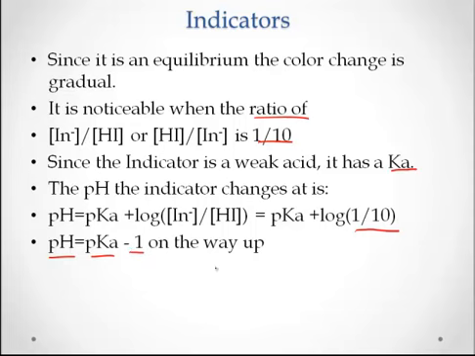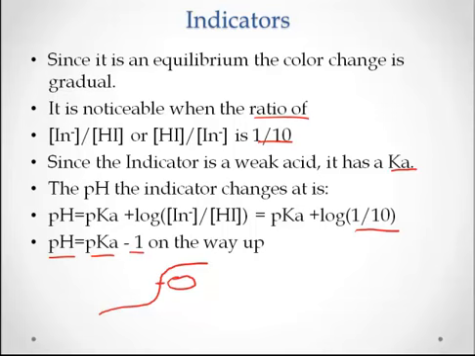And so that means now on the way up, when the curve's going like this, if your endpoint's right here, you want an indicator to do its changing right in this area. And so there are going to be some pKa values for some indicators, and we want to choose one that's roughly a little less than 1 if we want to pick it for titrating an acid with a base.